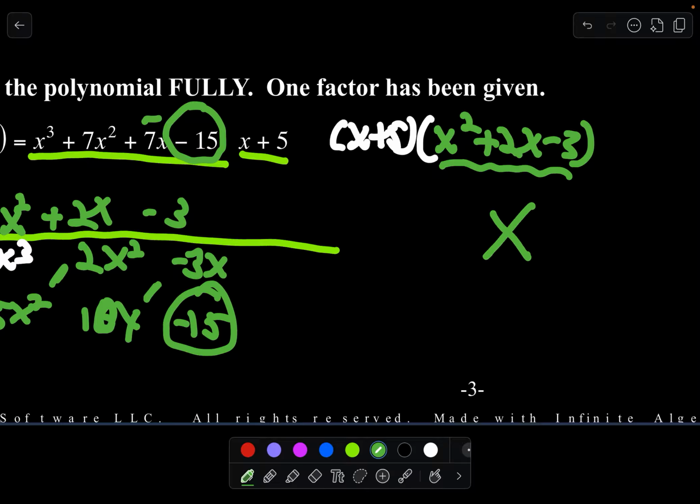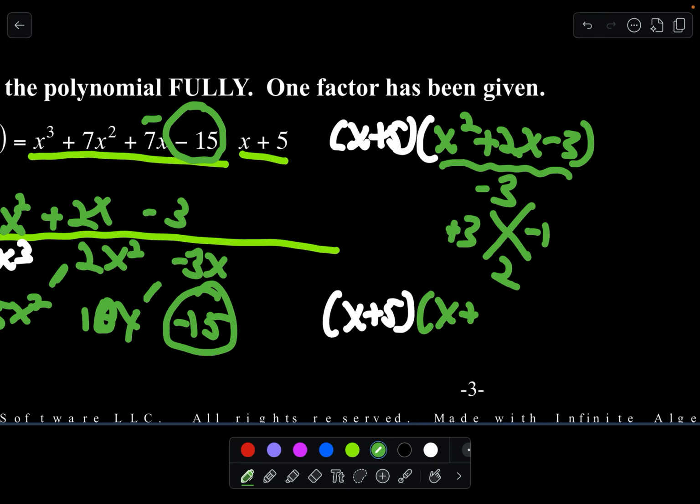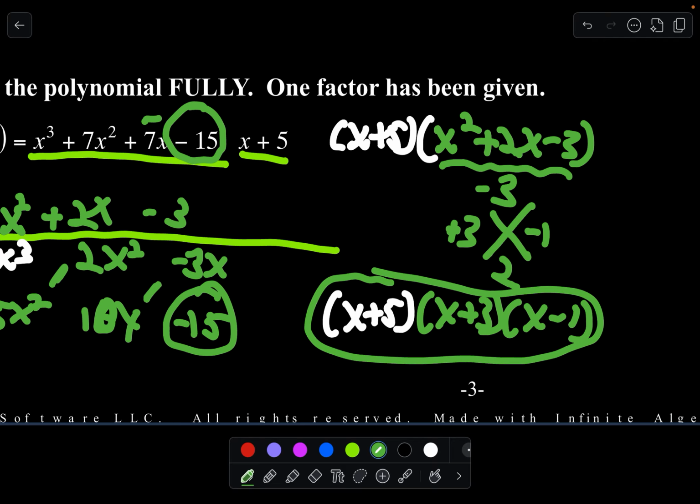You look for two numbers, multiply to negative 3, add to 2. So that's going to be positive 3 and negative 1. So we can now factor this polynomial as x plus 5, and then it will be x plus 3, x minus 1, and that's the fully factored polynomial.